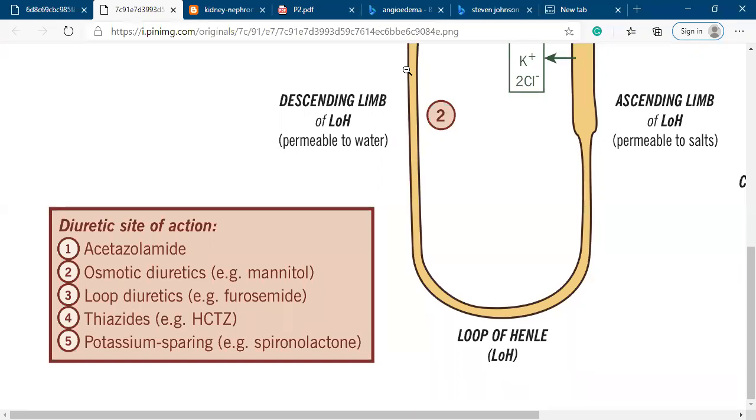Also, spironolactone we use orally, and it is not as powerful as loop diuretics. As I told you, loop diuretics or furosemide are most effective and fast acting, whereas thiazide is slow acting and we use it for chronic hypertensive patients. But spironolactone is not as powerful as loop diuretics.